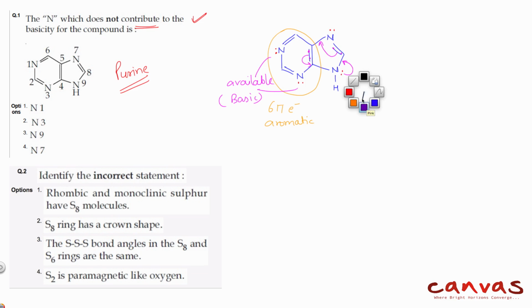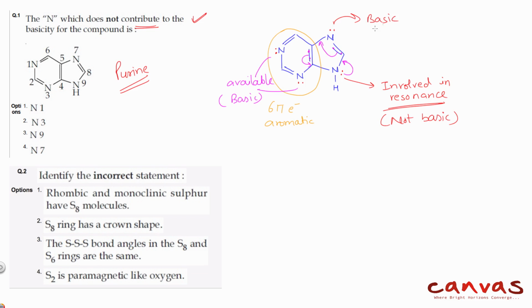So these electrons are involved in resonance, that is why they cannot be donated or used as a base. So this is not basic or least basic. This other one does not involve any kind of resonance, so this is also a basic nitrogen. So 3 nitrogens are basic, 1 is non-basic.